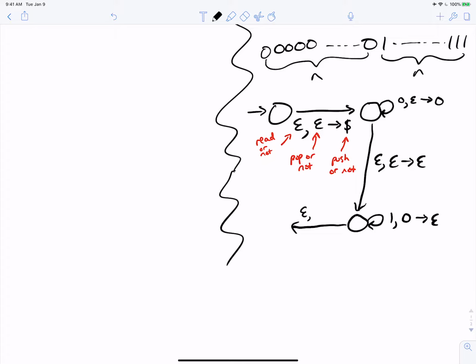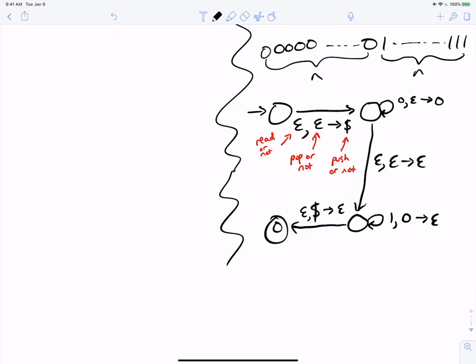But here we're going to pop a dollar sign, because that's the only way we can check what's on the stack right now. So we can only execute this transition if the dollar sign is at the top of the stack. It doesn't matter how the stack actually ends, so I'm not going to put anything on the stack. And if we've matched everything correctly, then we should accept at that point.